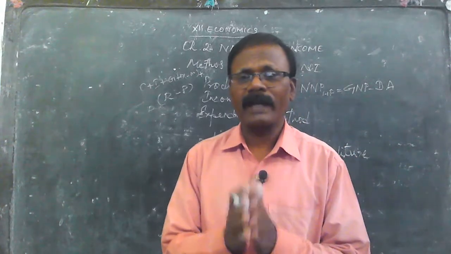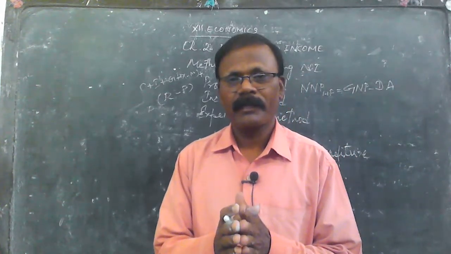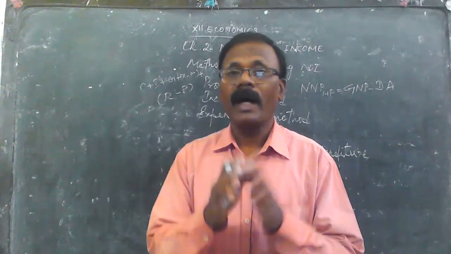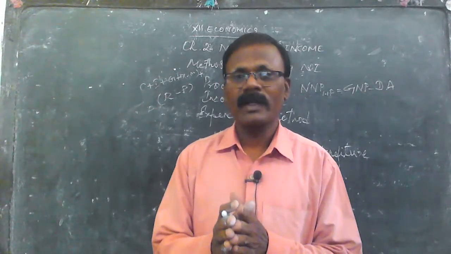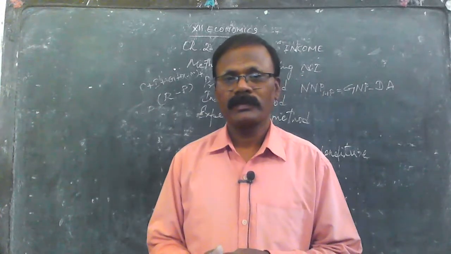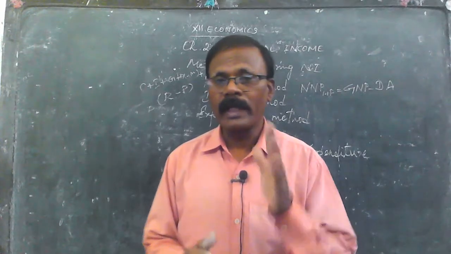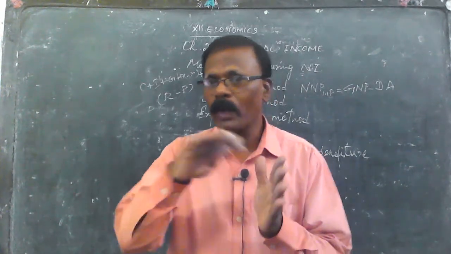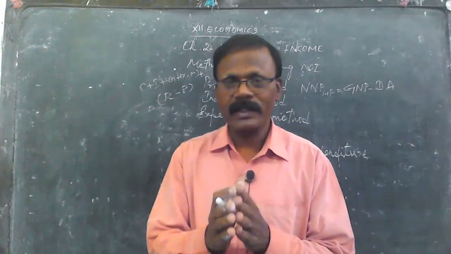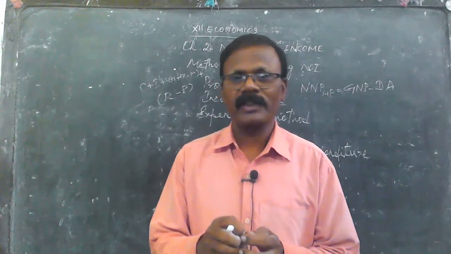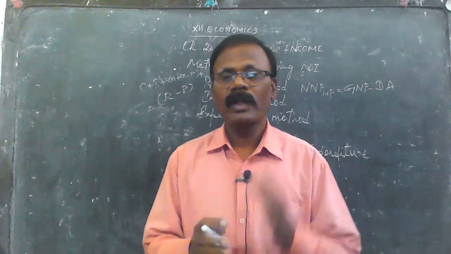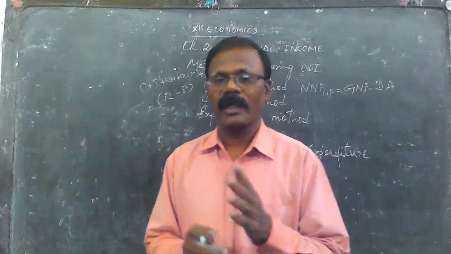The NNP at factor cost is arrived at by deducting the amount of indirect taxes and adding the subsidies. So from the money value of the NNP at market price, we deduct the amount of indirect taxes and add subsidies. This is how the NNP at factor cost is arrived at.